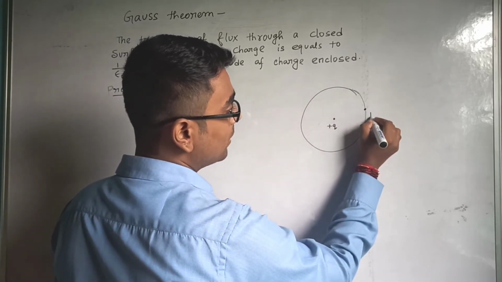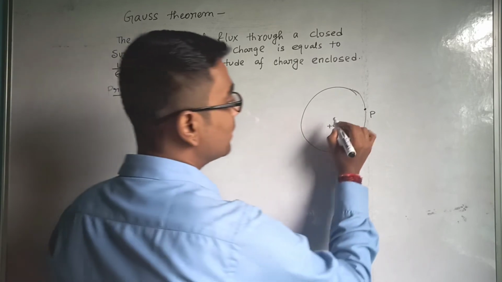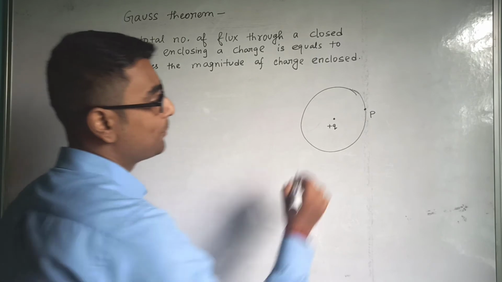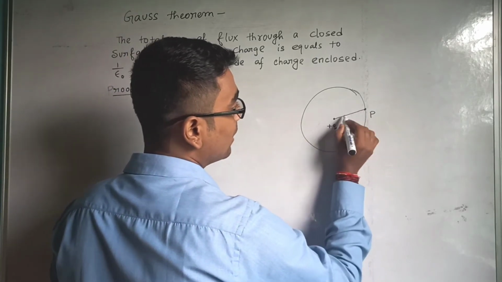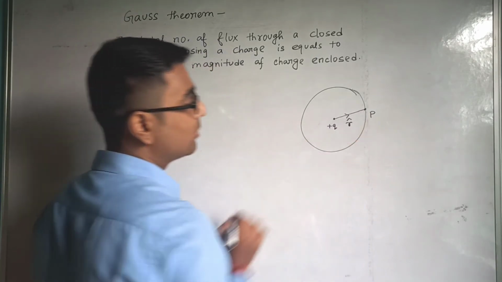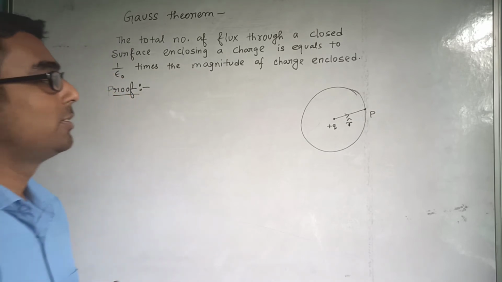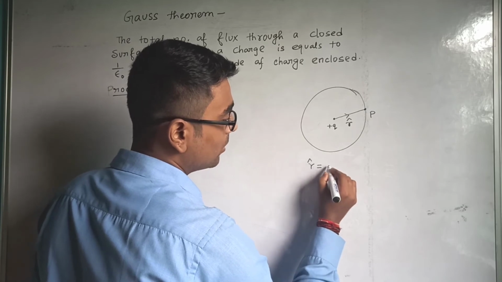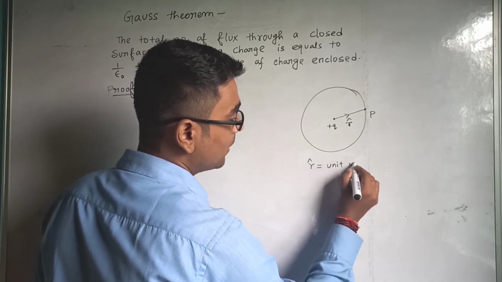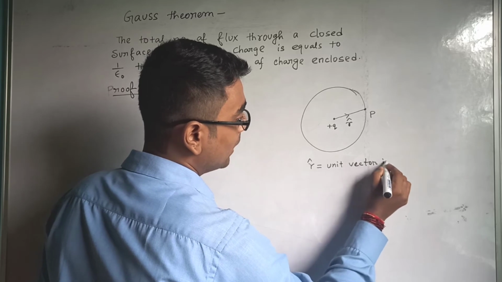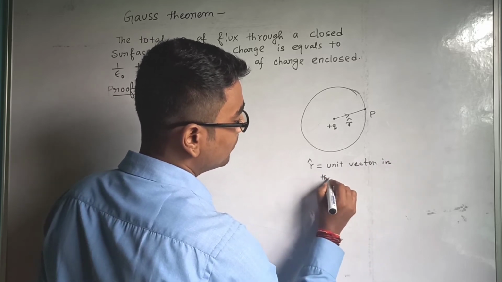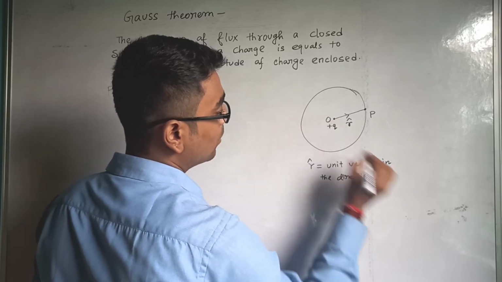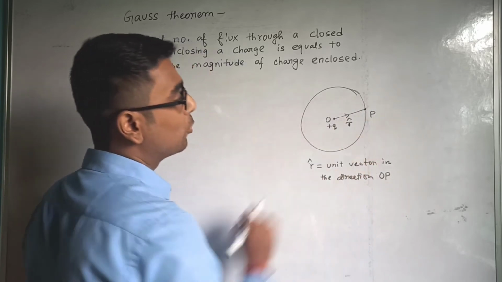Suppose a point P on the Gaussian surface, and the surface we have considered is spherically symmetric, with radius r. Here r cap is the unit vector in the direction OP.